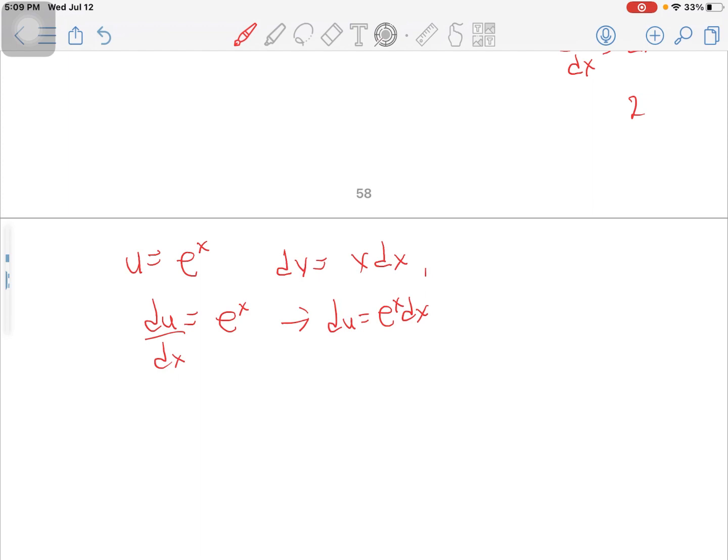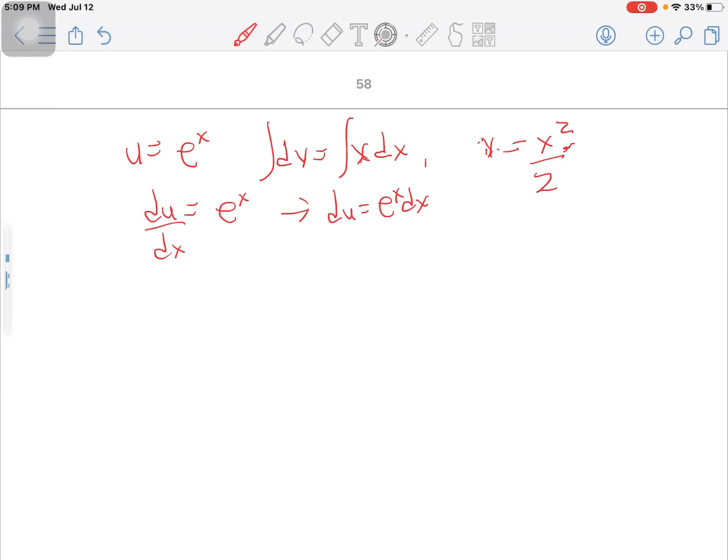Now, based on whatever we have assigned here, our v will come from the integral of dv, which will give us x squared over 2. That's the integral of x. Now you can see that here the function is rather increasing instead of decreasing, which sometimes will make our function become complex to integrate.